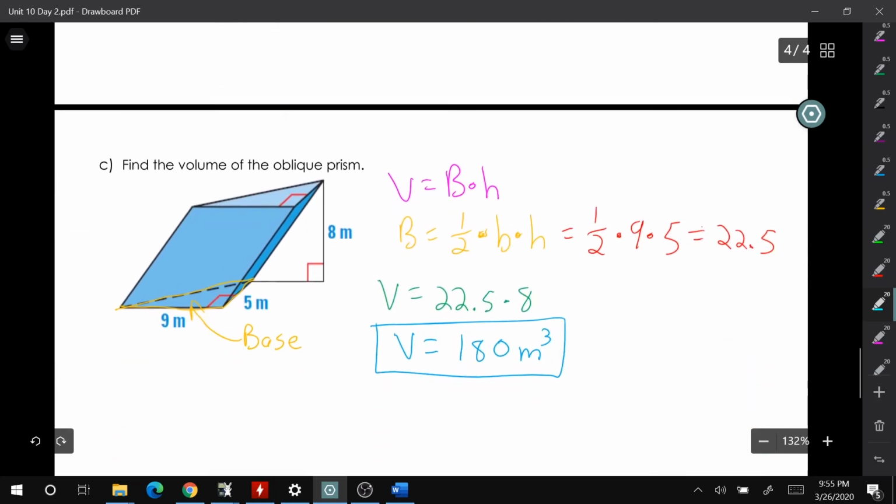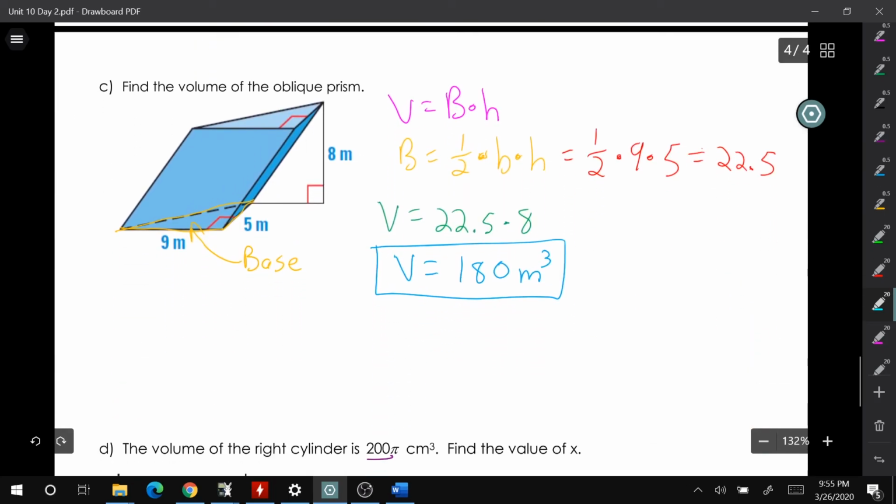Now, the next page, this one, letter C, was probably the most complicated one. Your base was this yellow triangle down here, and it's a right triangle, so then you would just use your area of a triangle formula from right here. It's 1/2 times the base times the height of that triangle.